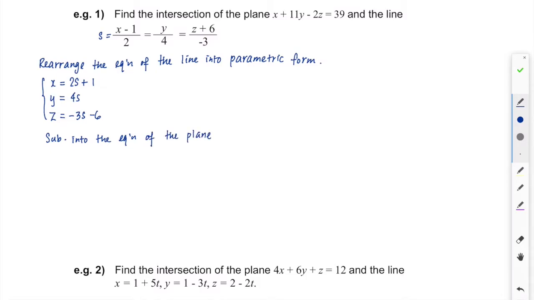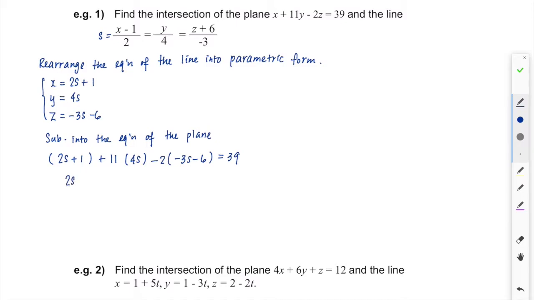Which has x, 2s plus 1, plus 11y, so 4s, minus 2z, negative 3s minus 6, and that's equal to 39. Let's expand.